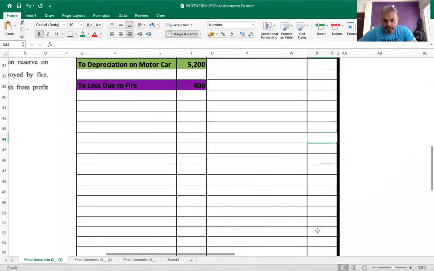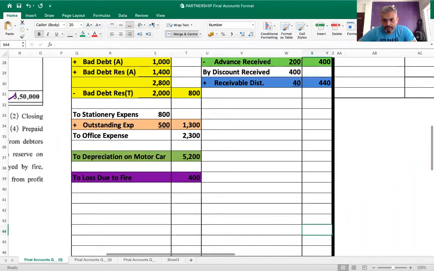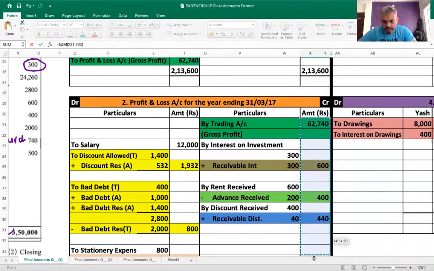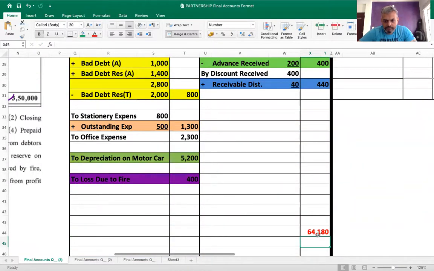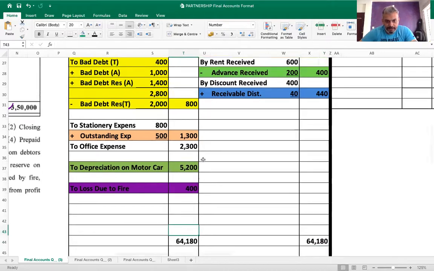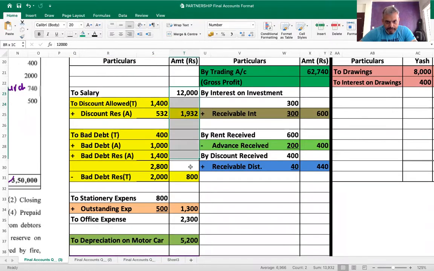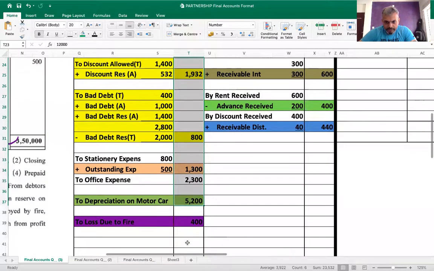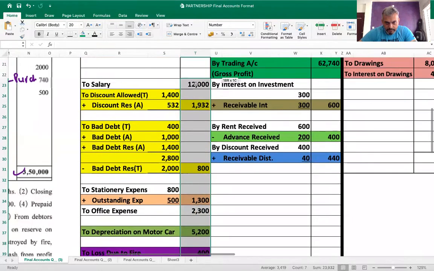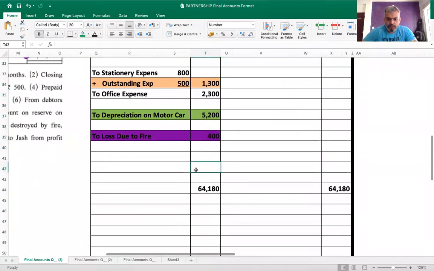So let's do the total. 64180. Same total we write on the debit side. Now उसमें से हम subtract कर देंगे ये सब. Let's see इसका total क्या है. 23532. 23932.